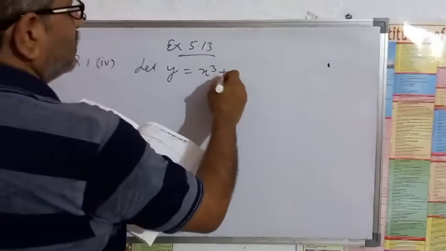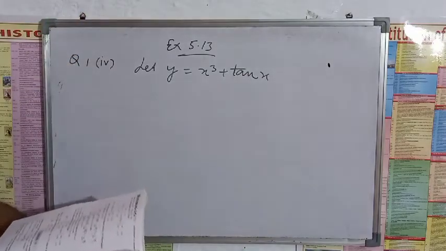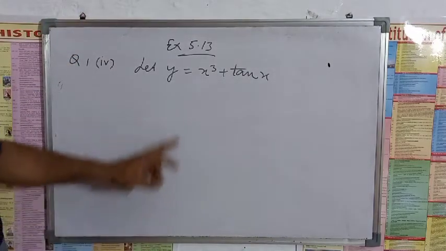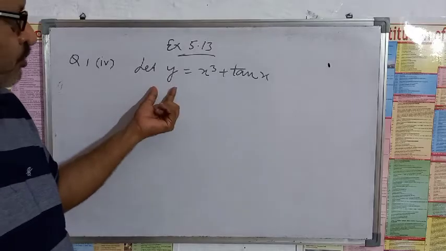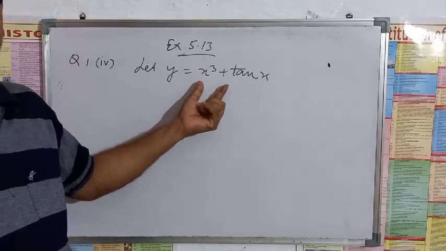Let y is equal to x cube plus 10x. X cube plus 10x, we have to find second order derivative. Means we have to differentiate this function two times.